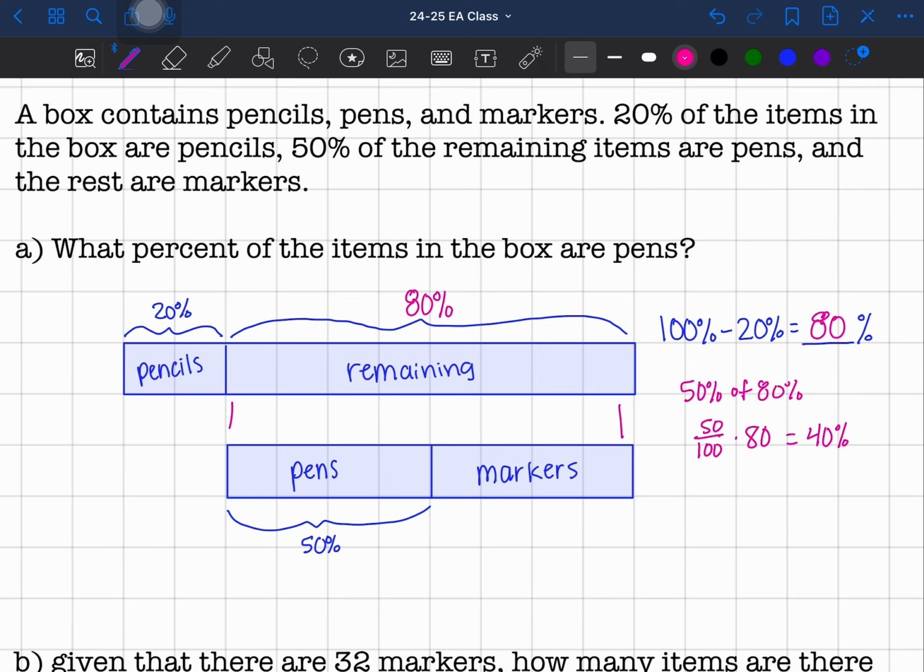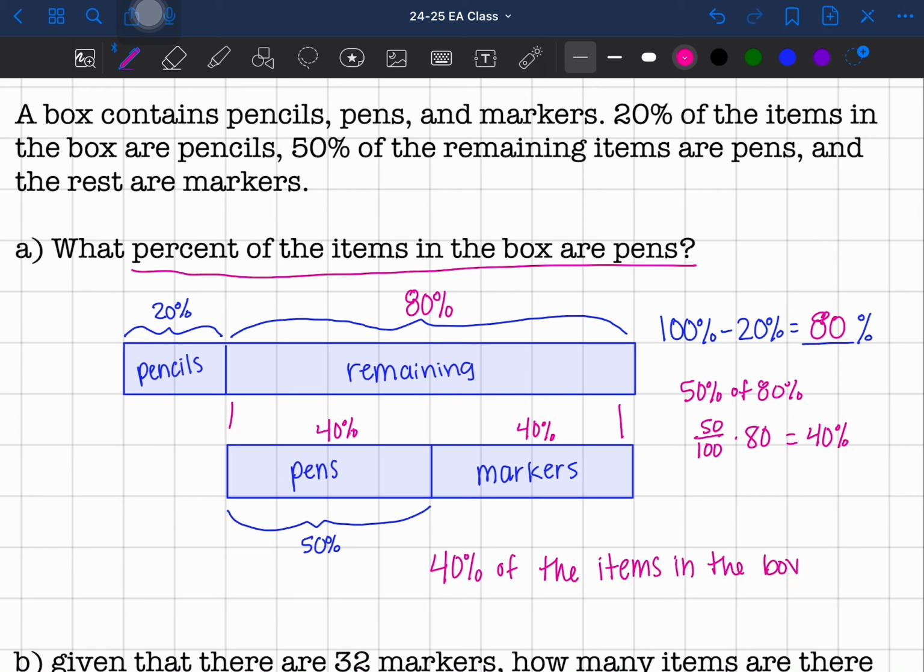So this is 40% of the total, which makes the markers also 40%. So it asks for what percent of the items in the box are pens. 40% of the items in the box are pens.